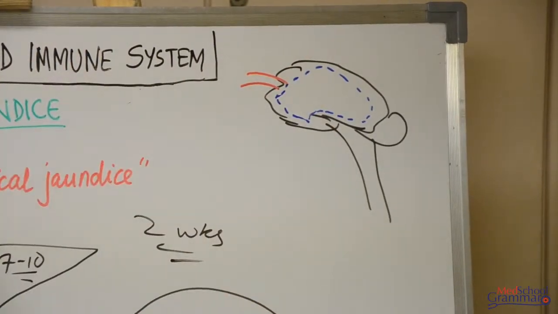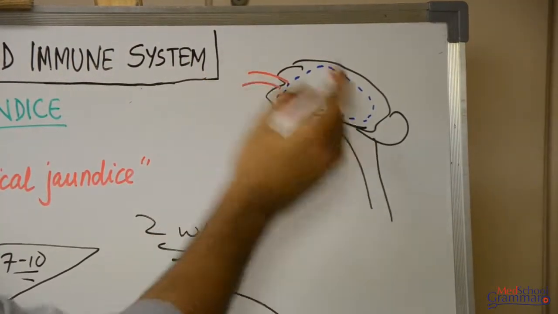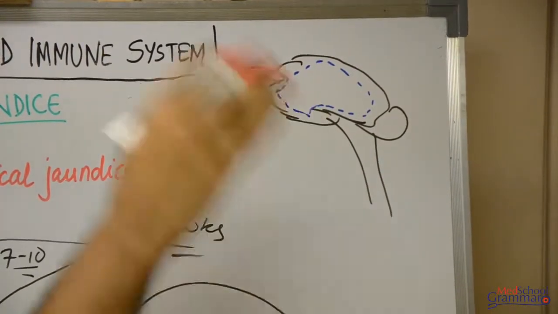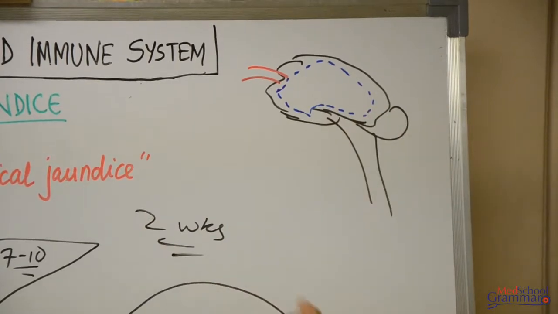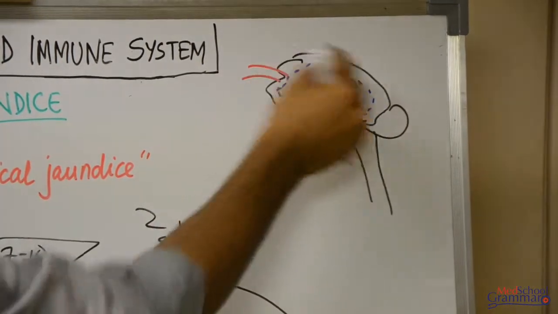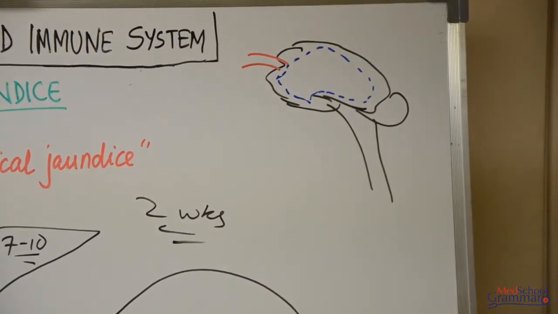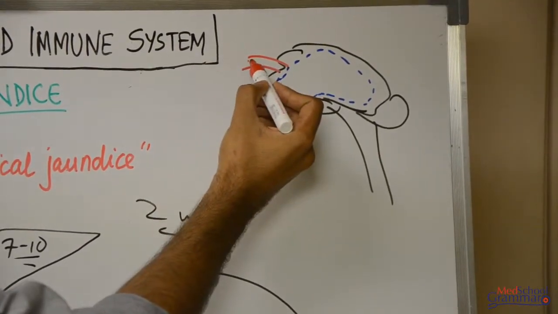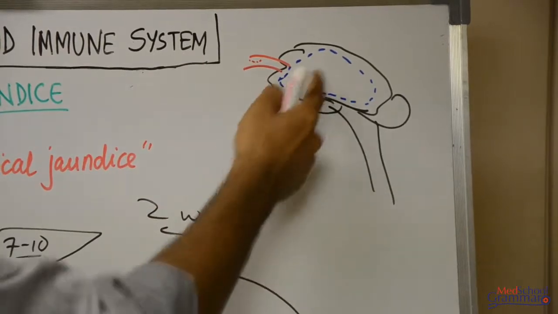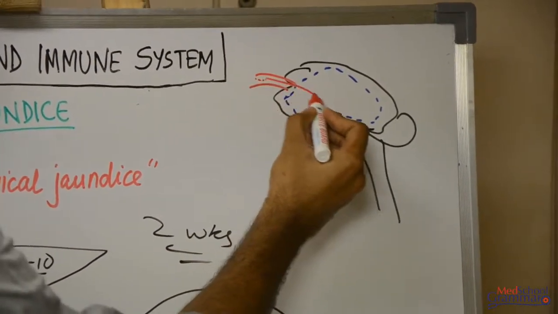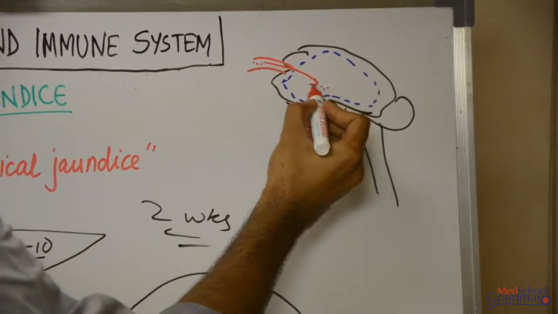Now normally bilirubin cannot go into the substance of the brain by crossing the blood brain barrier. The blood brain barrier prevents the bilirubin from entering from the blood into the brain. But whenever serum bilirubin levels are above 20 milligrams per deciliter, the levels of bilirubin are so high that the blood brain barrier cannot stop it from entering into the brain, and bilirubin enters into the brain and starts depositing.